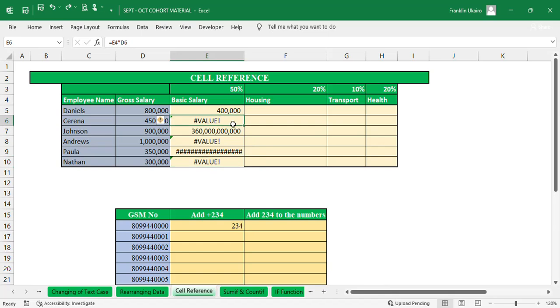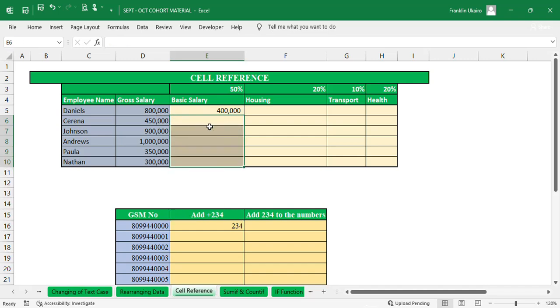Now, to make this calculation give you the right answer, you have to lock this cell. Before then, we have defined relative cell reference, and let us define absolute cell reference. Absolute cell reference is a cell reference that does not go with the formula, or doesn't follow the formula. That is why in this case it did not follow the formula, and that is why we could not autofill.